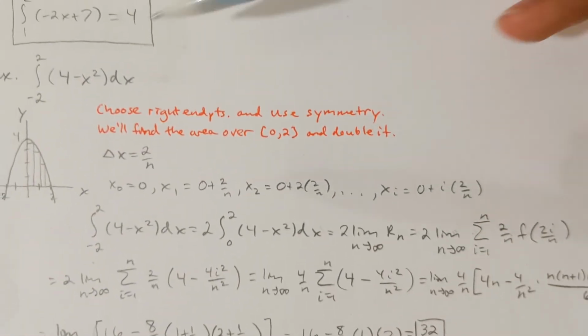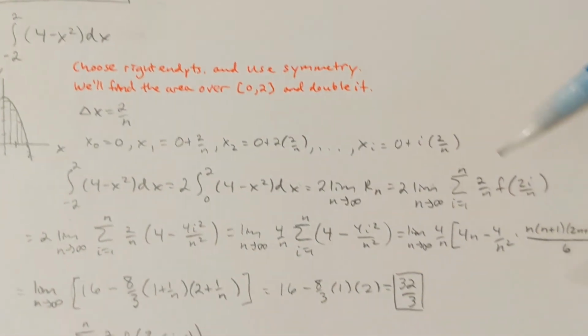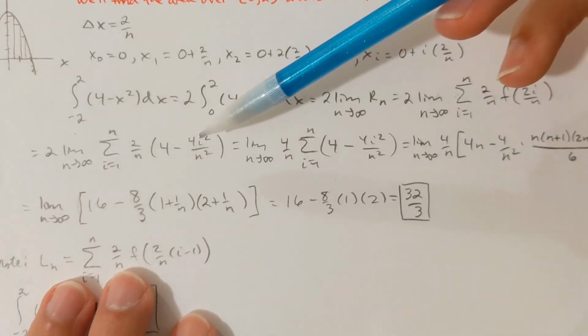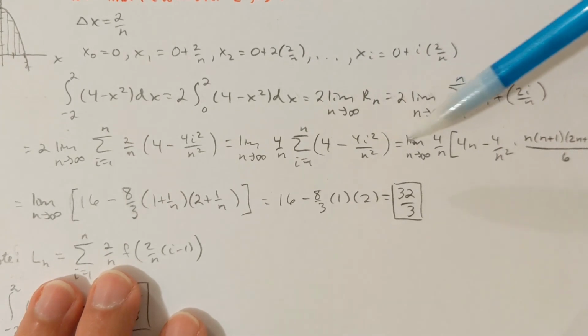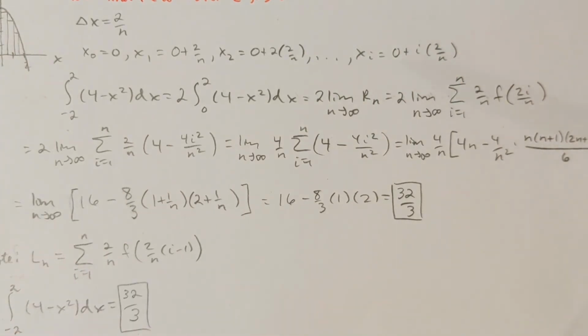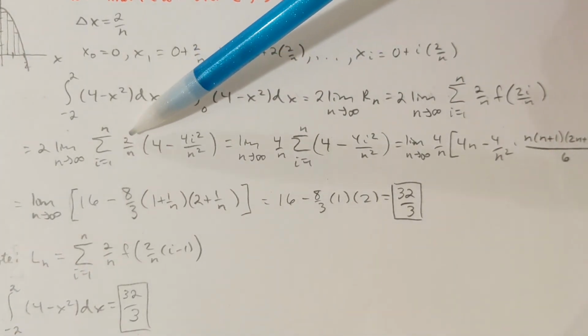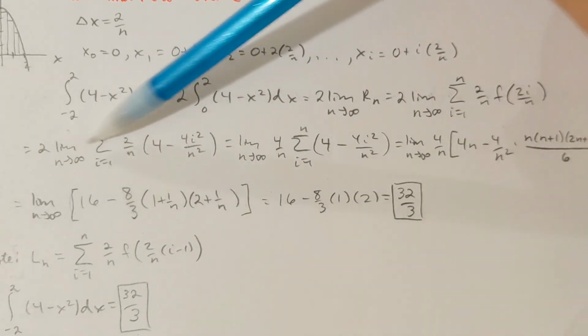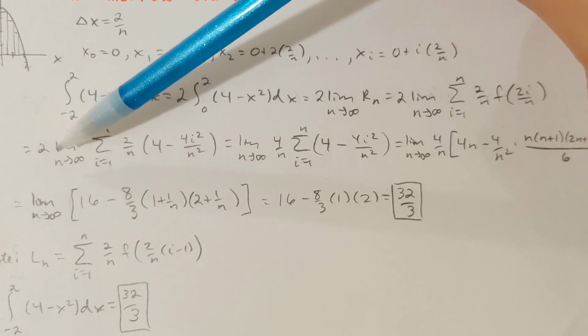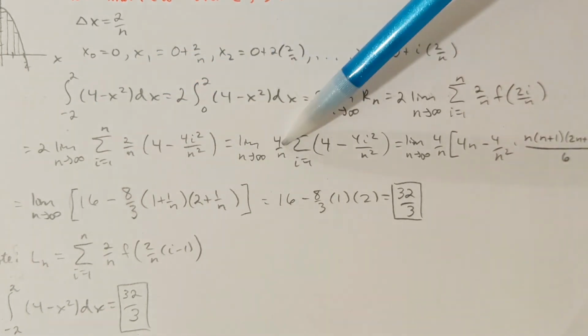Okay, f of x is 4 minus x squared, so where I see x, I'm going to go ahead and replace that with 2i over n, and then I begin simplifying this. I guess I brought in the 2. If I didn't do that, I'd probably forget about that being out there. So 2 times 2 over n is 4 over n.